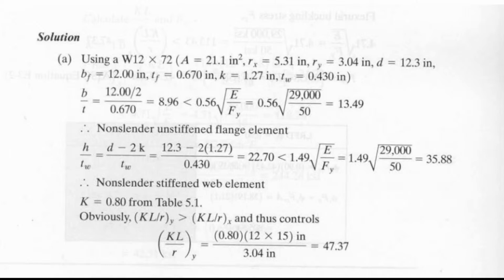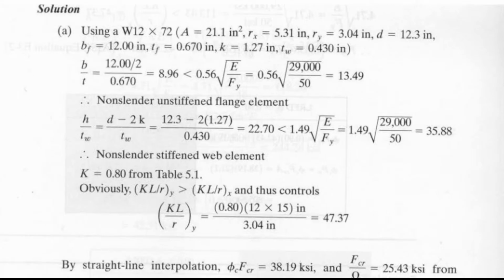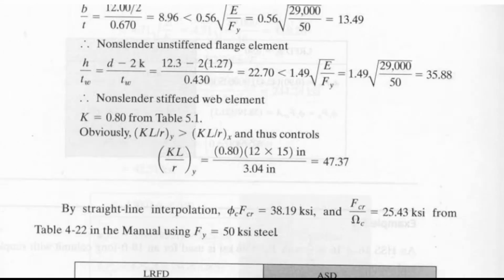So here, divide by 1.67. So we have this value. So that is 1. And because of that, we can use the table. Okay? Table 4-22 in the manual using Fy is 50.